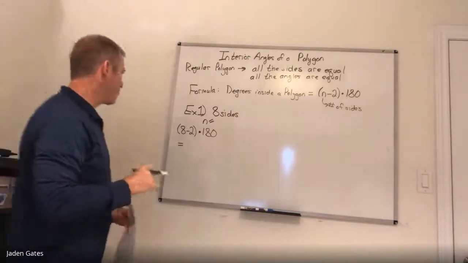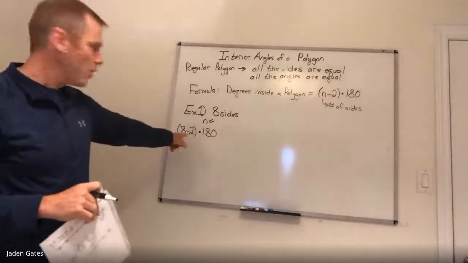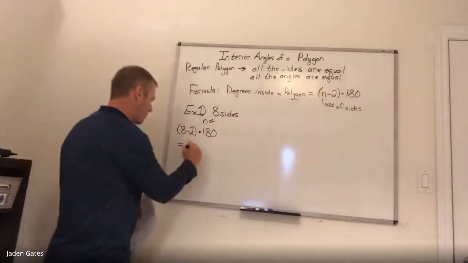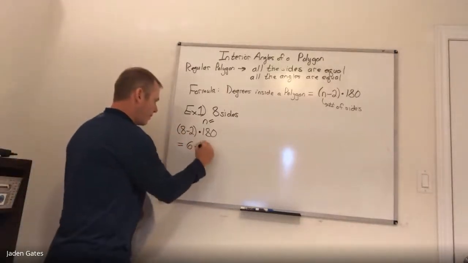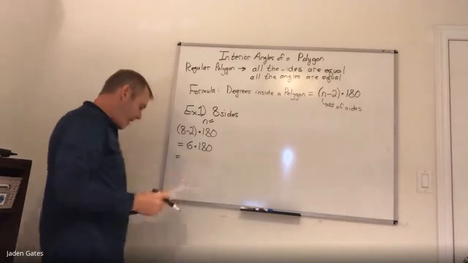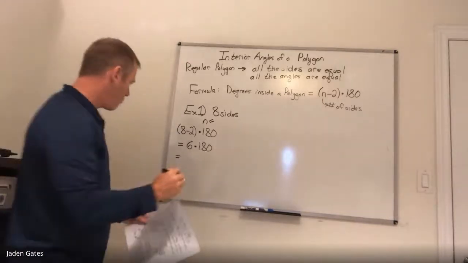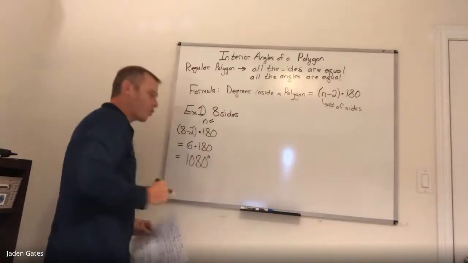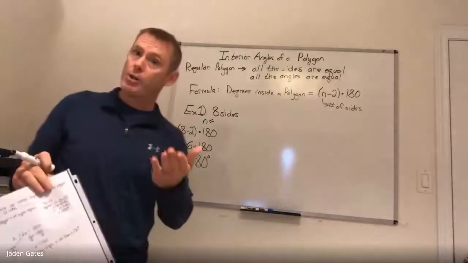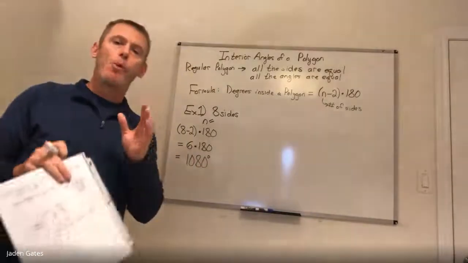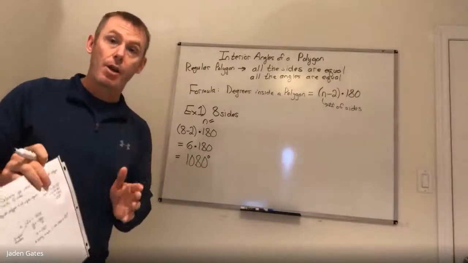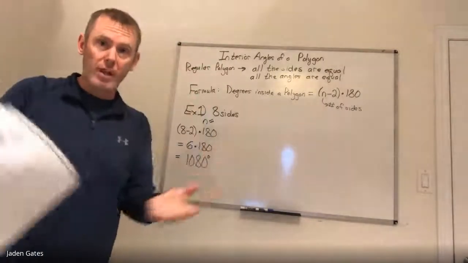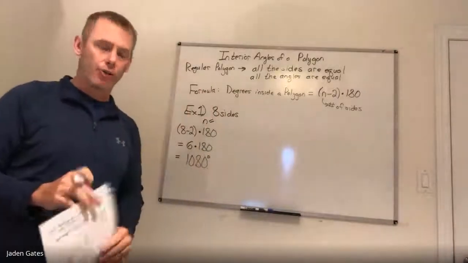And again, we have to do the brackets first. So 8 minus 2 is 6 times 180, and I get 1,080 degrees inside an octagon or a stop sign. So the more sides that your shape has, the more degrees will be inside that shape.